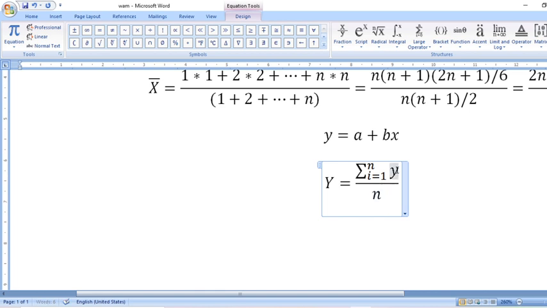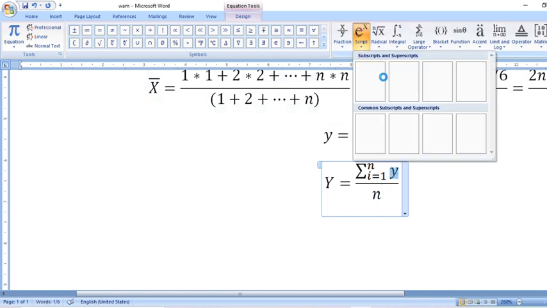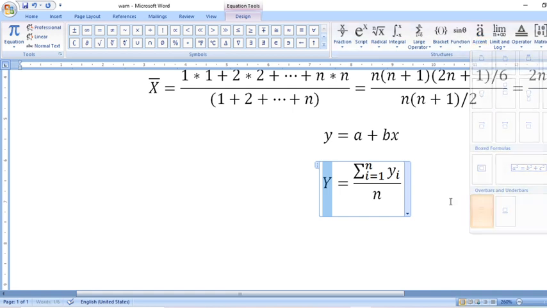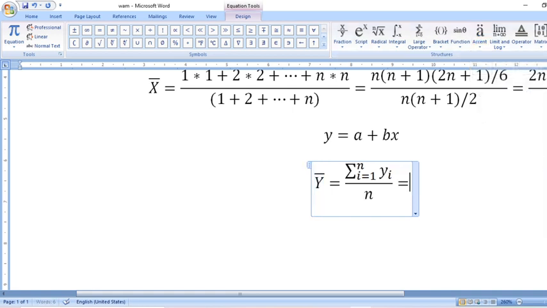This is the formula of y bar. How can we find this y bar?